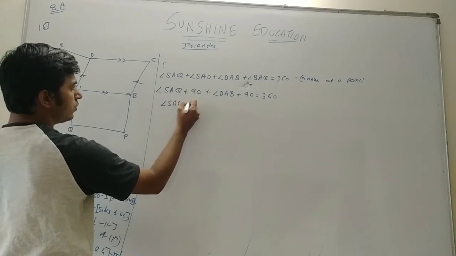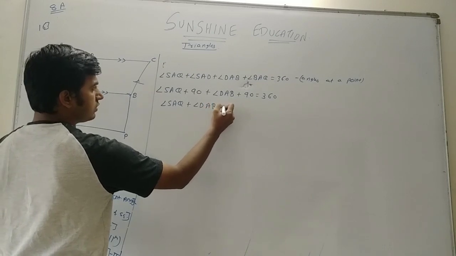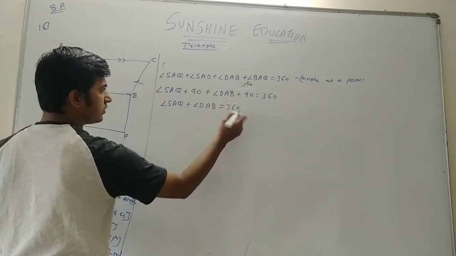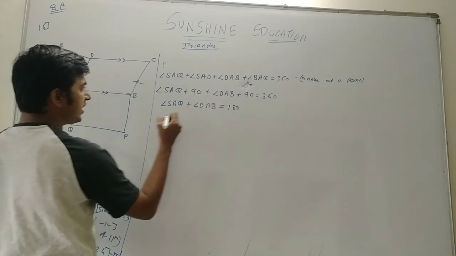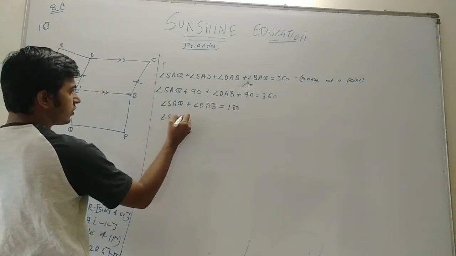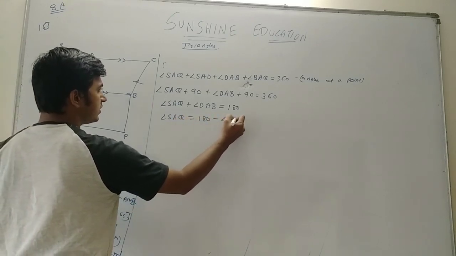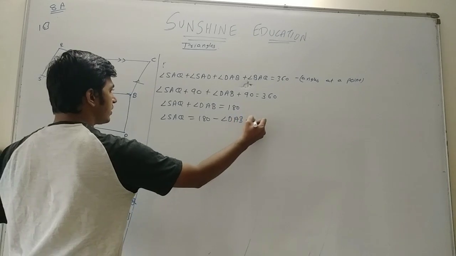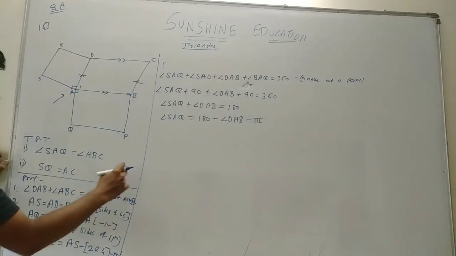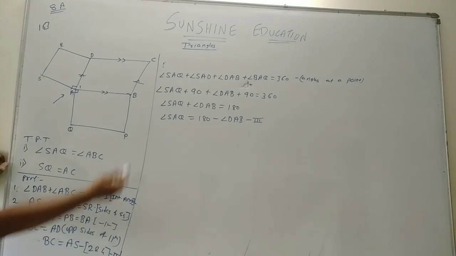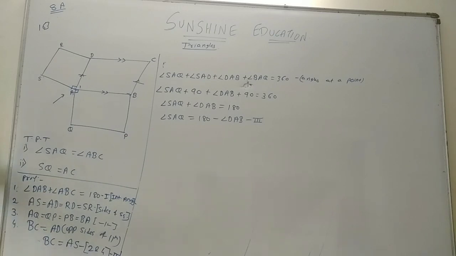So SAQ plus DAB is equal to 360 minus 180, which is 180. So I can say that SAQ is equal to 180 minus DAB, giving this as number 3. Now this is done.